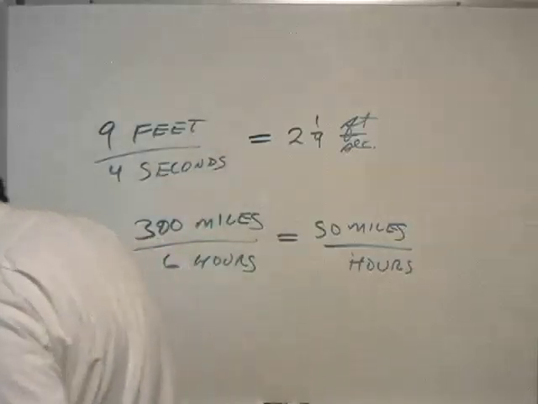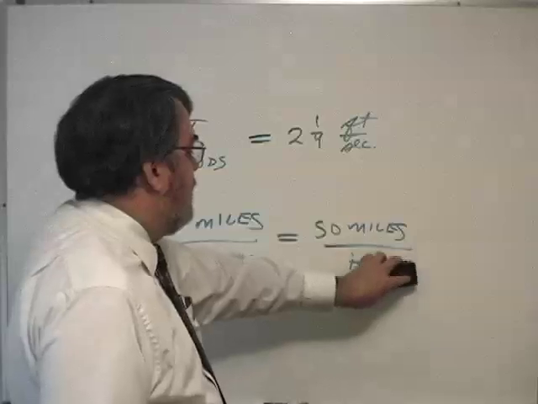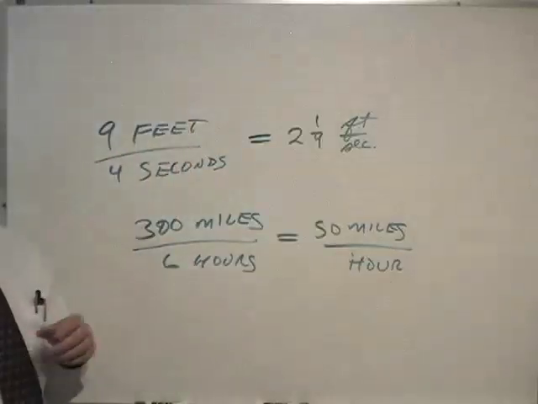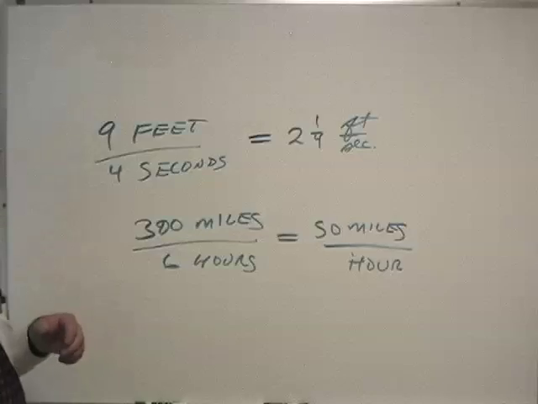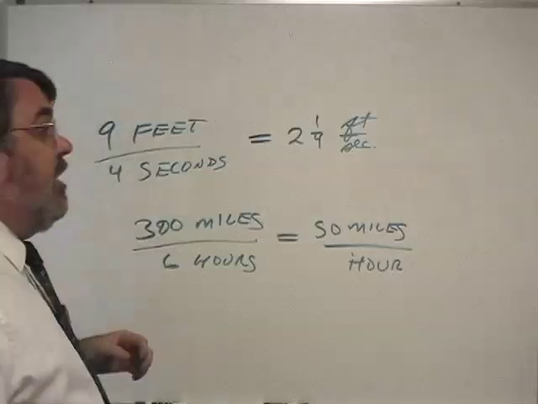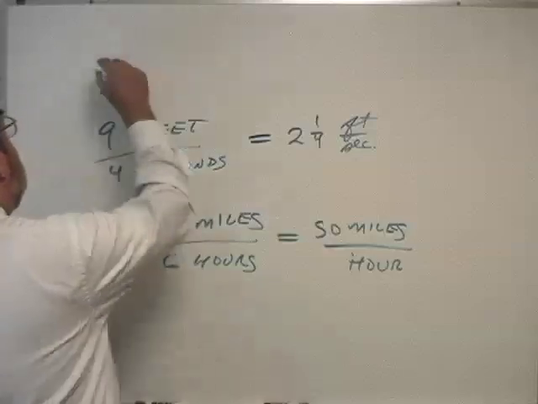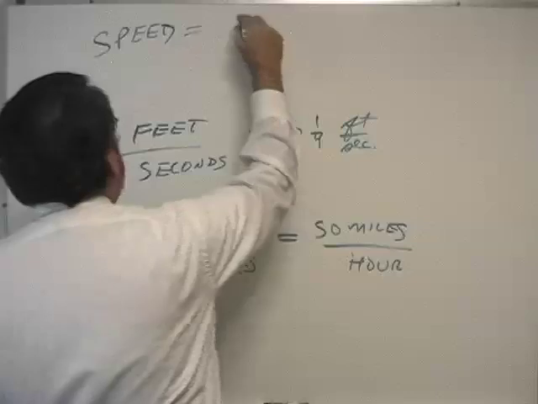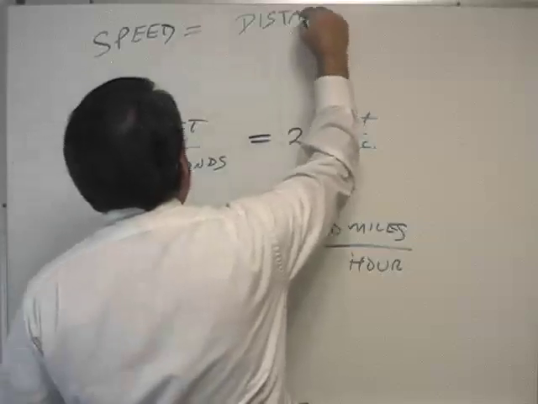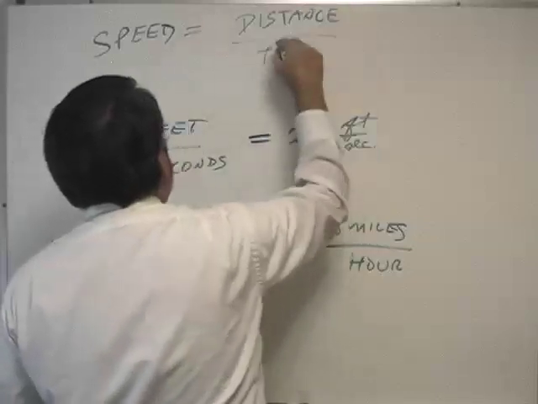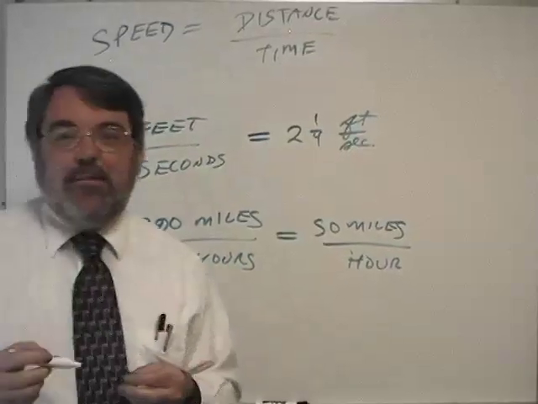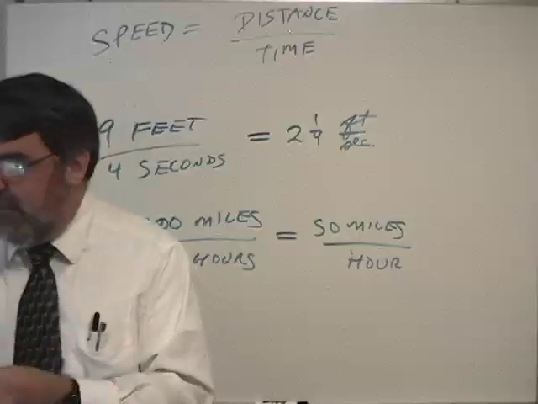Oops, that's per hour, singular, not plural. 50 miles per hour. So we measure speed by taking distance and dividing it by time. So speed is distance divided by time. So that's a definition for speed, typically how we do it.